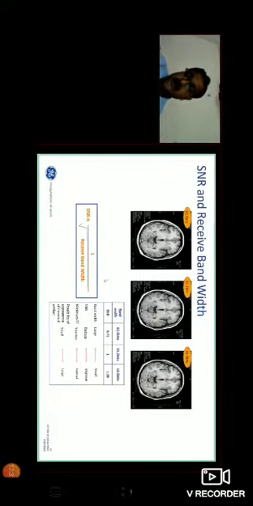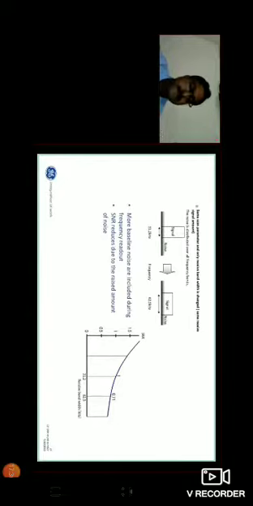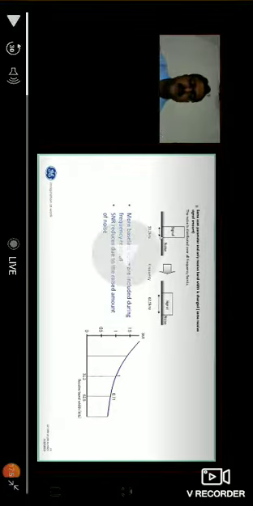Here, I am not changing any parameters, I am just increasing my receiver bandwidth from 31 kHz to 62.5 kHz. Here you can see the signal is the same. You can see this box, this amplitude, the signal is the same, and here also the same.